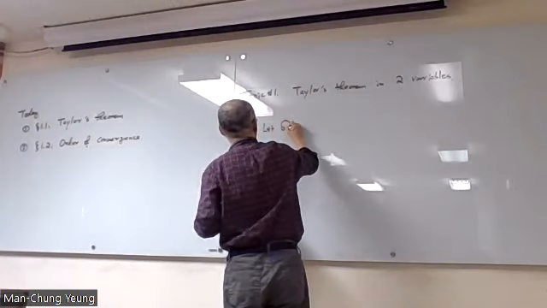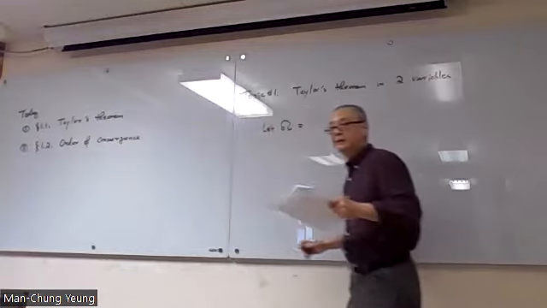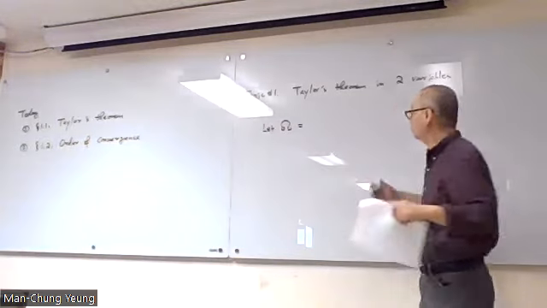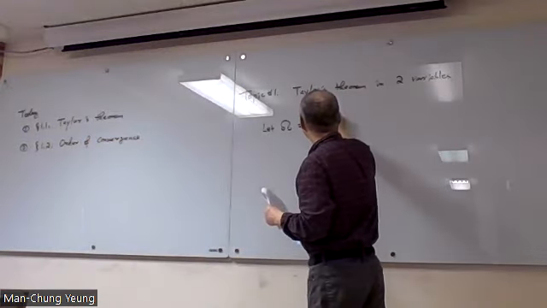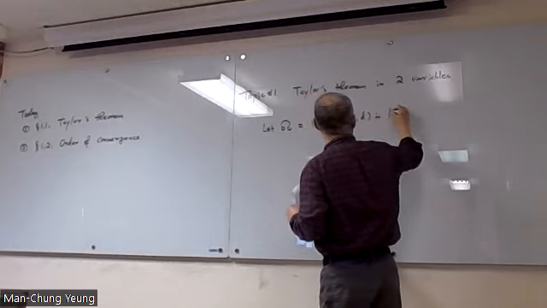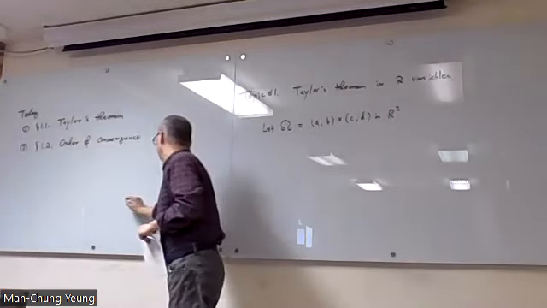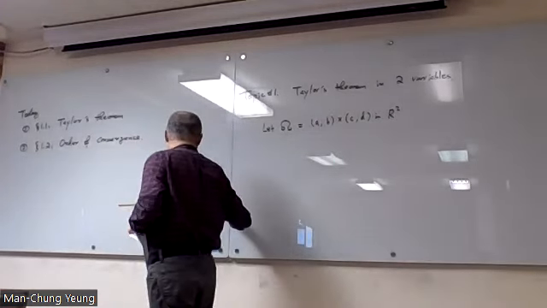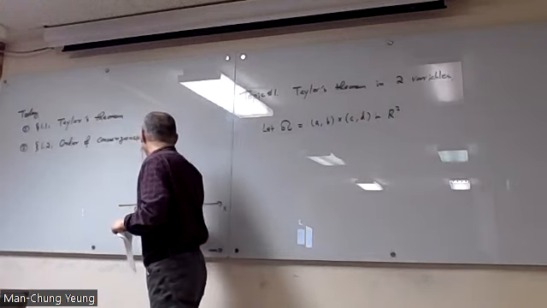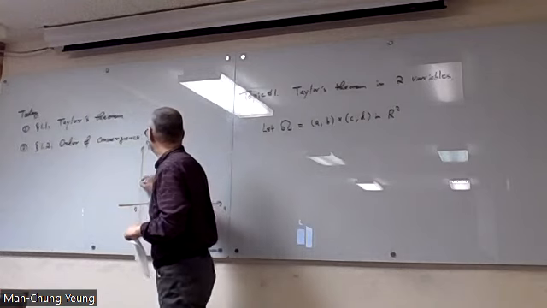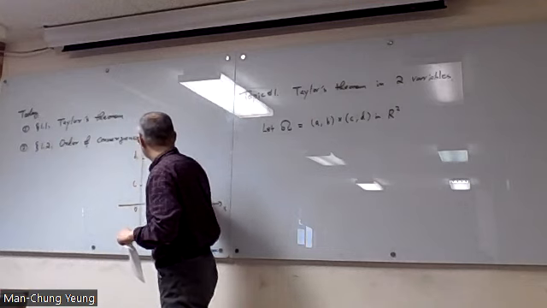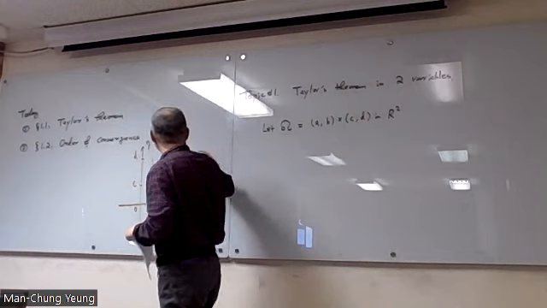Let omega be a rectangle in R2, with corners A, B, C, D. This rectangle doesn't include the boundary.